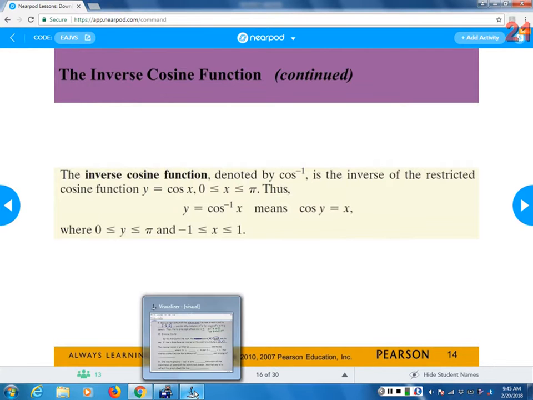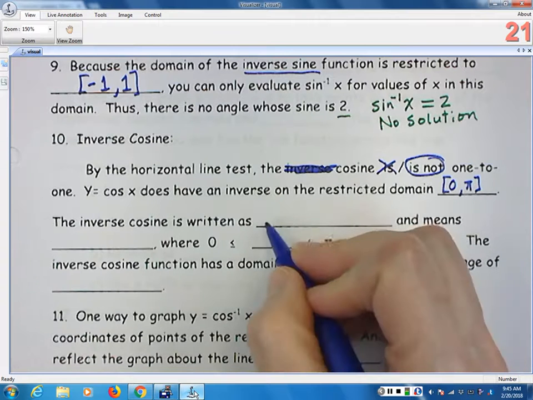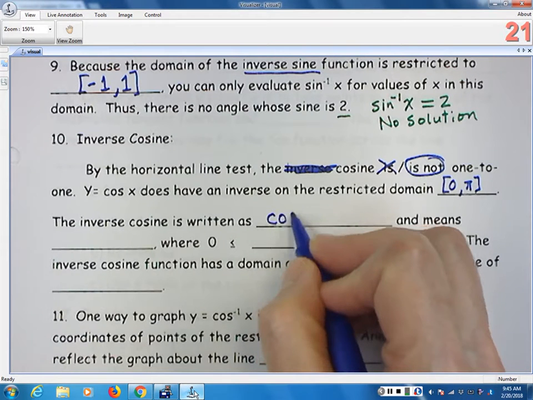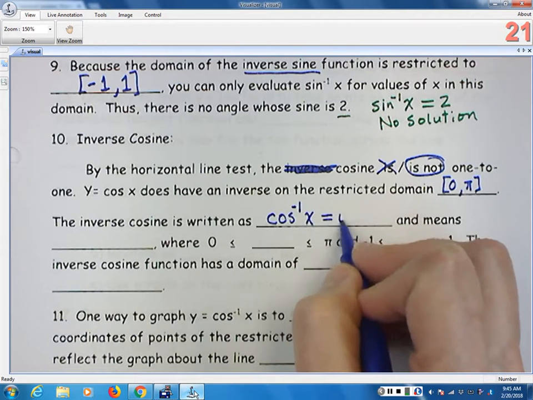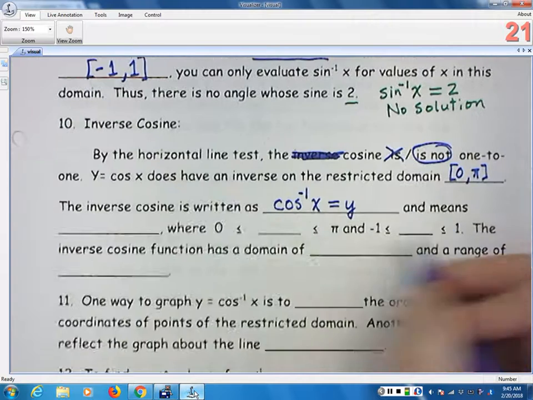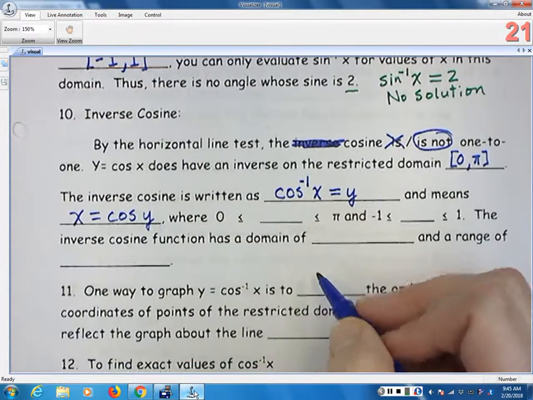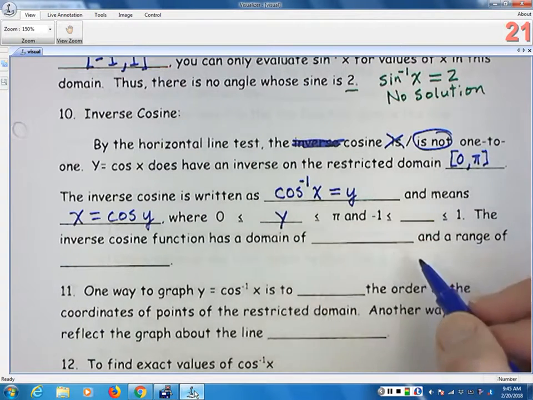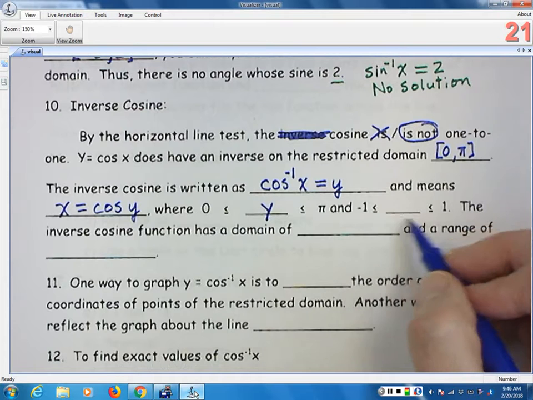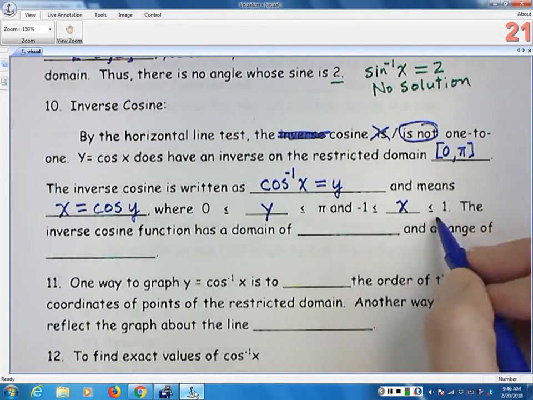So I'll fill in these. The inverse cosine function is written as, and it means x equals cosine y, where y, the angle, is between 0 and pi, and x is between -1 and 1.